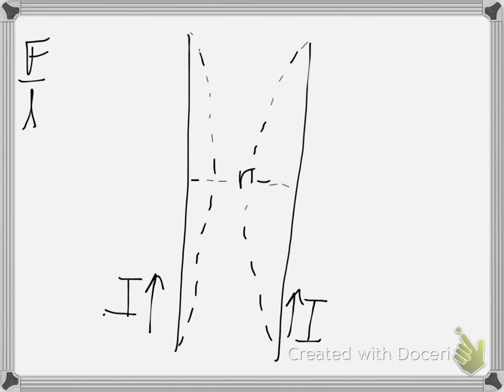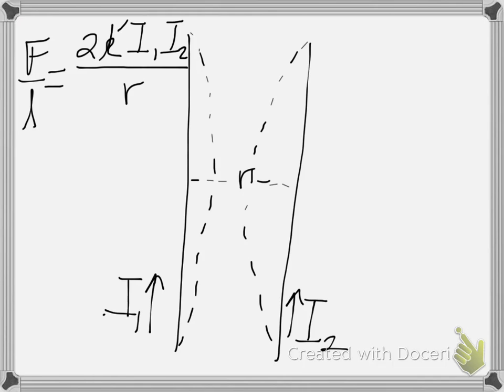So we'll call this I1, this will be I2, and the force per unit length on two current carrying wires is going to be 2 times a new constant K prime, times I1 I2, divided by R. So instead of going as the square of the distance between them, the force on current carrying wires only goes as 1 over R instead of 1 over R squared. All right, so now let's look at some examples on how to apply all three of these formulas.